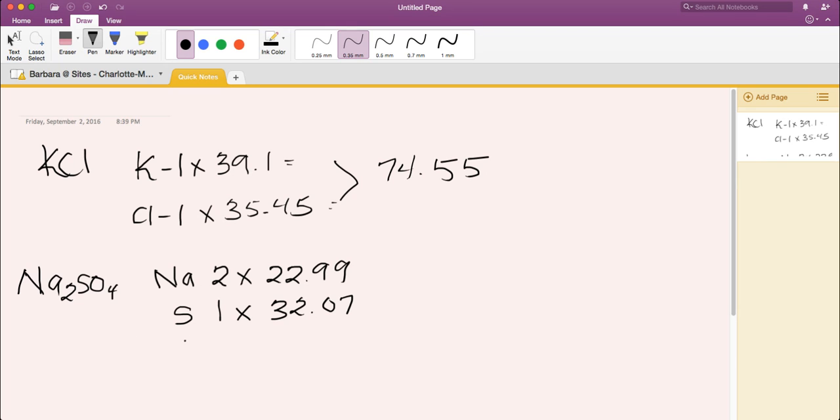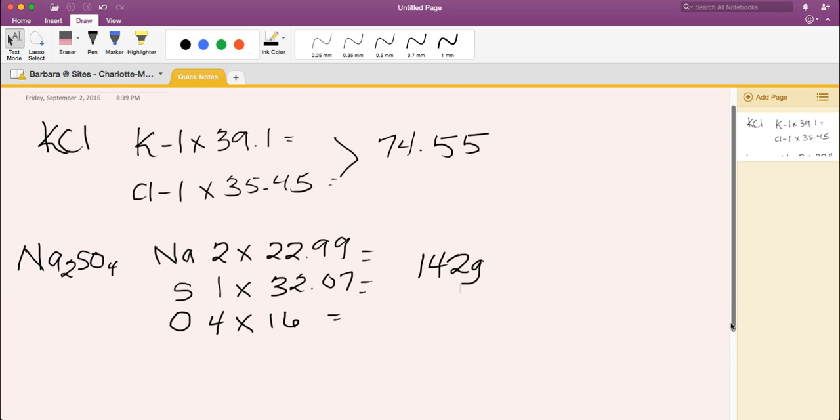Now as you look at oxygen, there are 4 oxygens. We're going to take that 4 and multiply it times the mass, which is 16. And so once you do the math, you add them up, you should get a mass of 142 grams. All right?